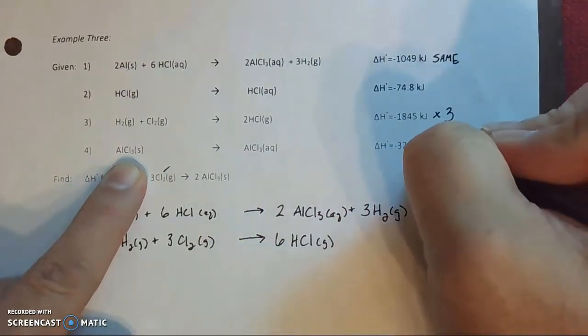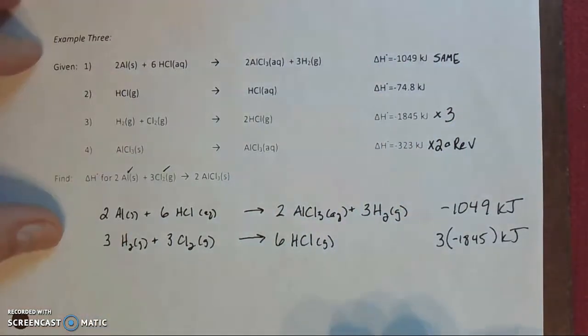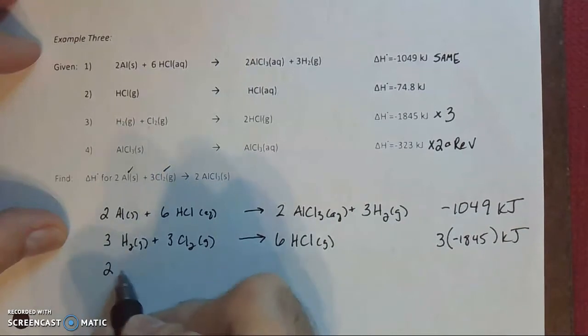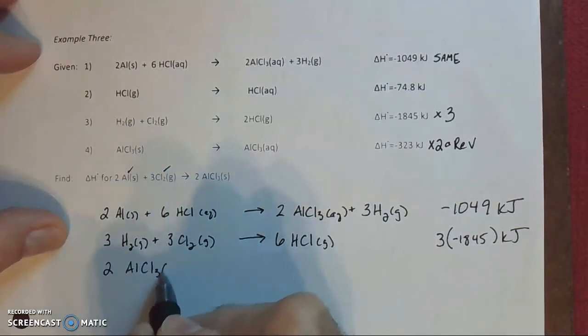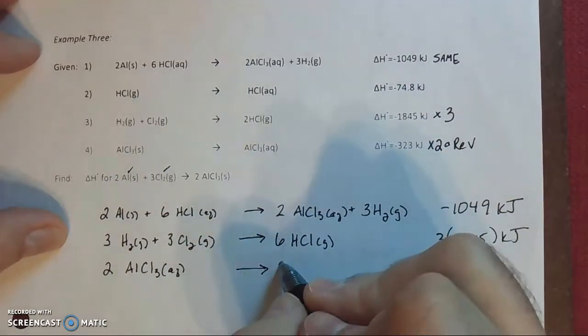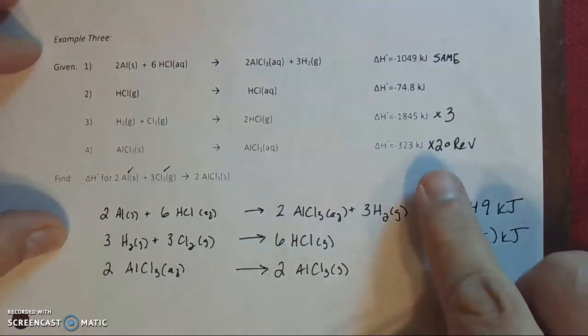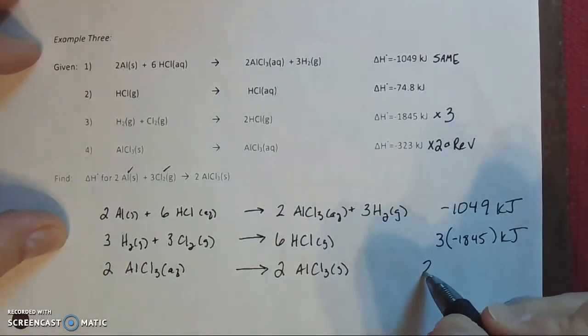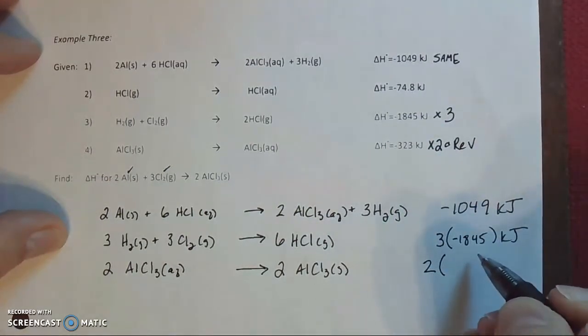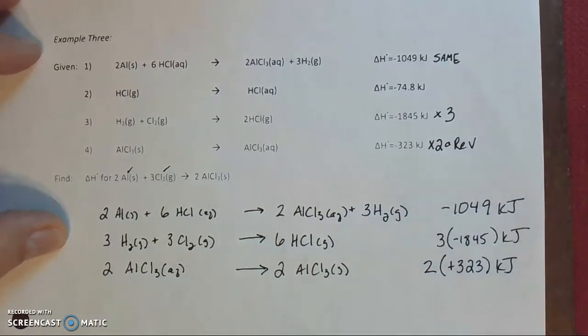So we have to multiply this one by 2 and reverse it. So I'm going to end up with 2 aluminum chloride aqueous yields 2 aluminum chloride solid. So I have to multiply this by 2, but I also have to reverse the sign, so I have 2 times positive 323 kilojoules.